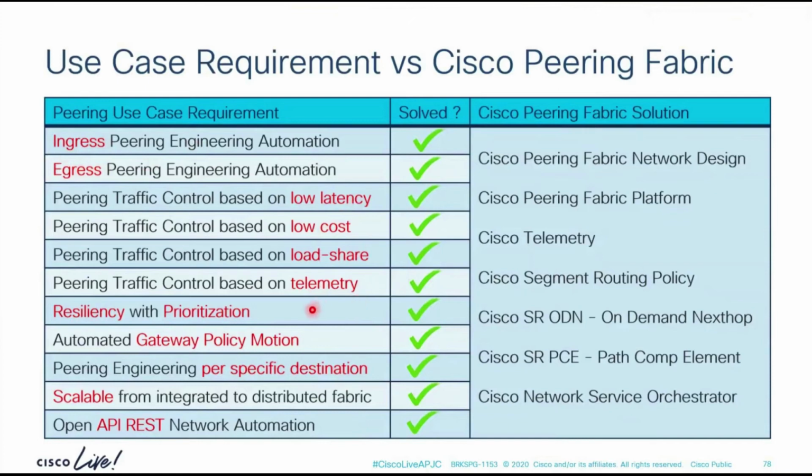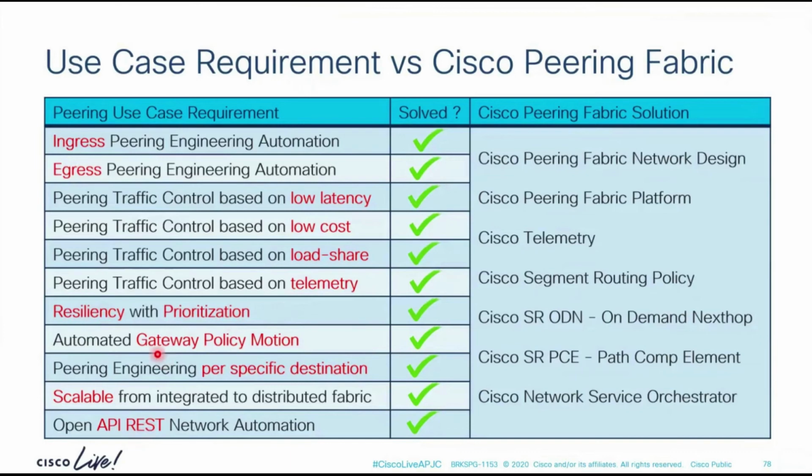As well as we can have the inbound, ingress, and egress outbound resiliency with prioritization, in a very simple manner. Just a matter of a click and define it on the NSO or through a REST API for all-together policy.